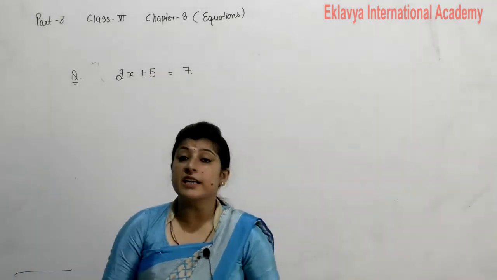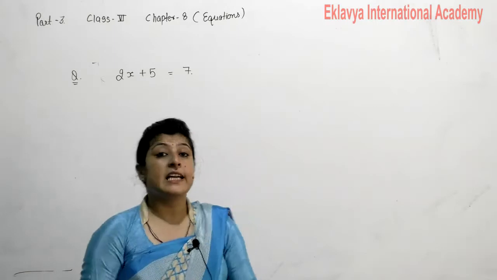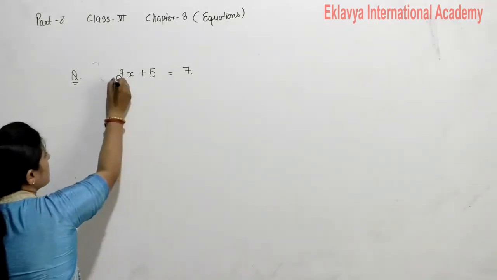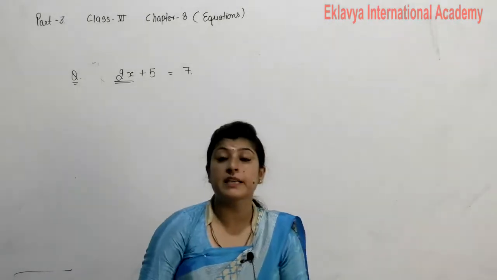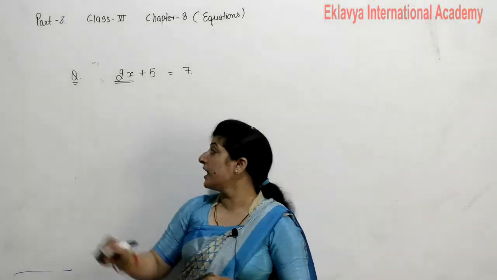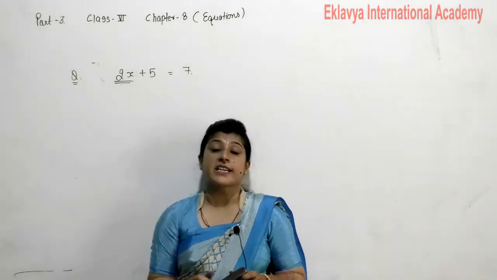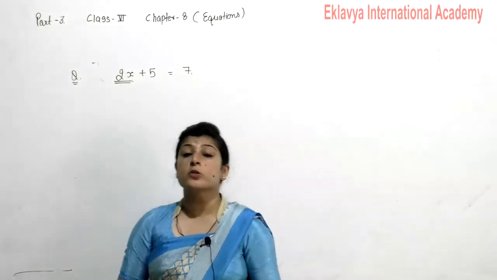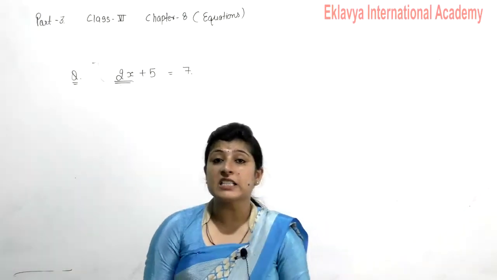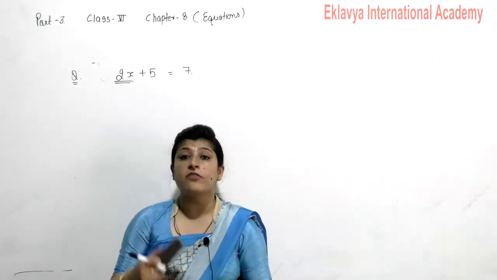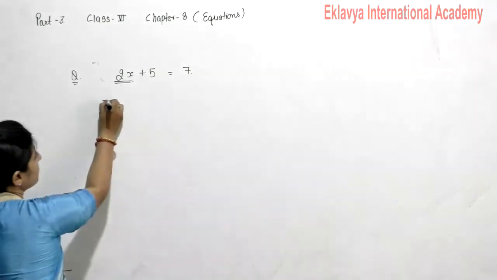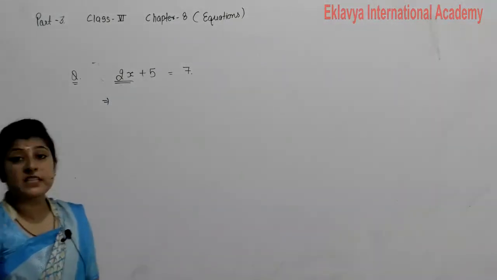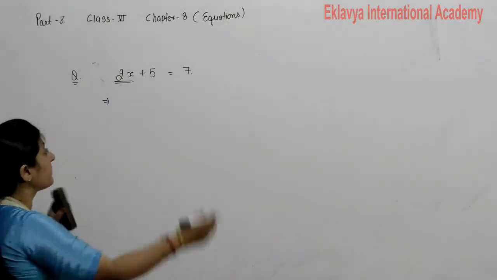So here if you see properly, the variable is not alone. Here the variable is not alone, we are taking 2 times of x. Then how to solve? But in the last we need the value of only x. Now see how to solve. 2x plus 5 is equal to 7.